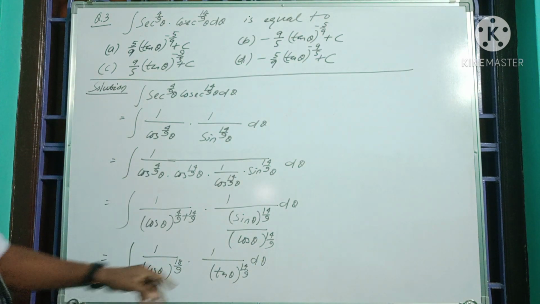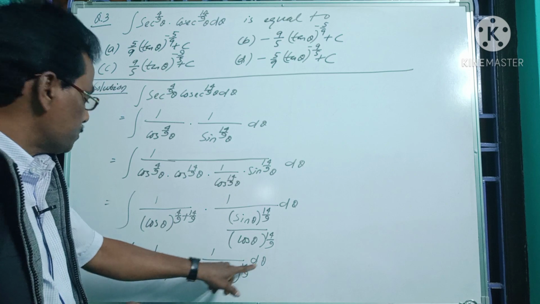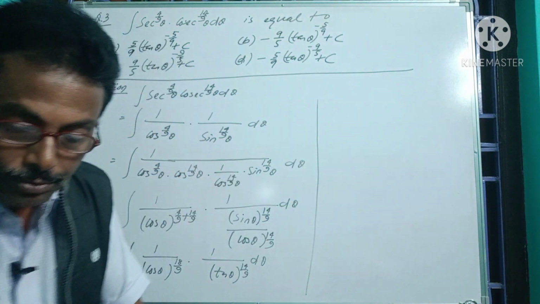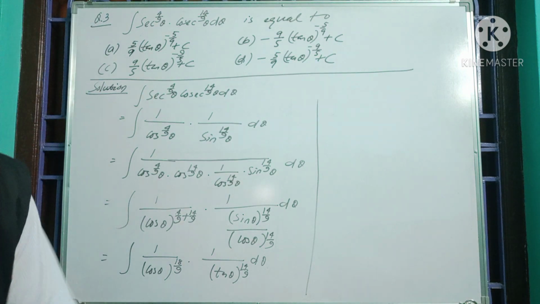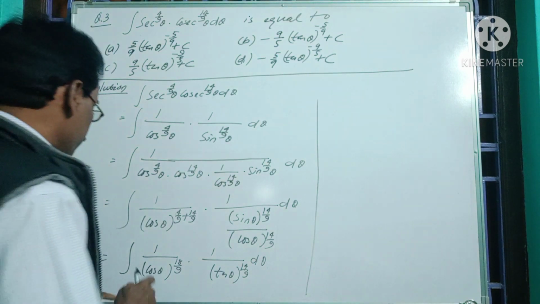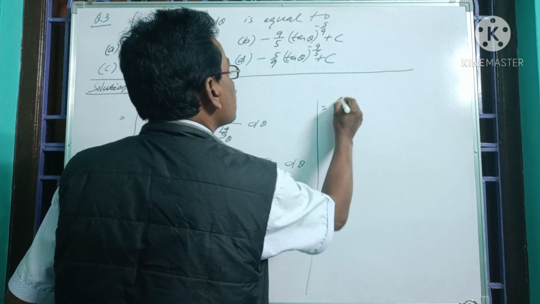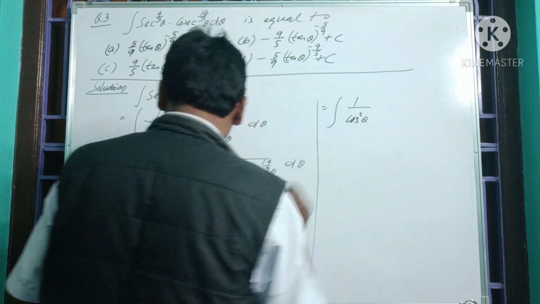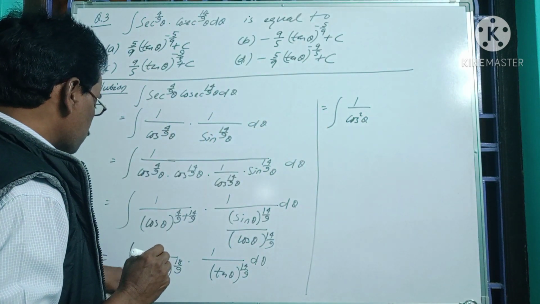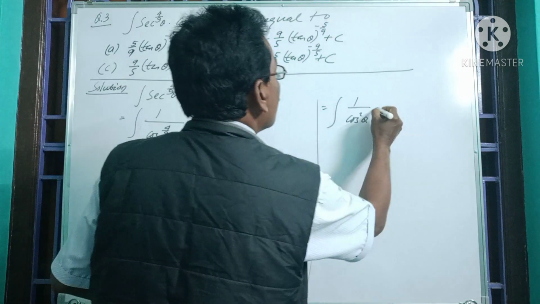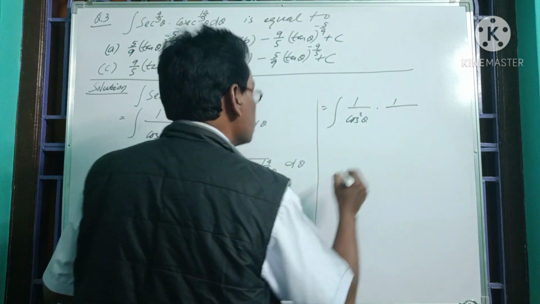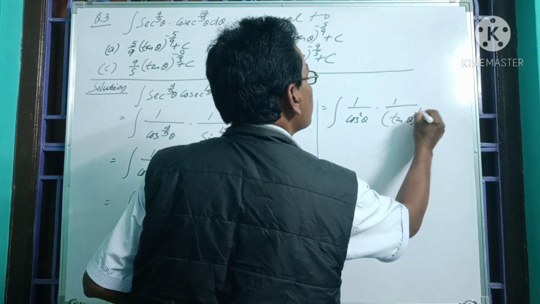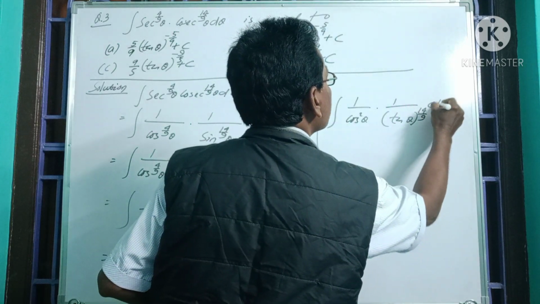So we got tan theta to the power 14 by 9. Simplifying again, we have the integration of 1 by cos square theta, as 18 by 9 is 2, into 1 by tan theta to the power 14 by 9, whole integration with respect to theta.